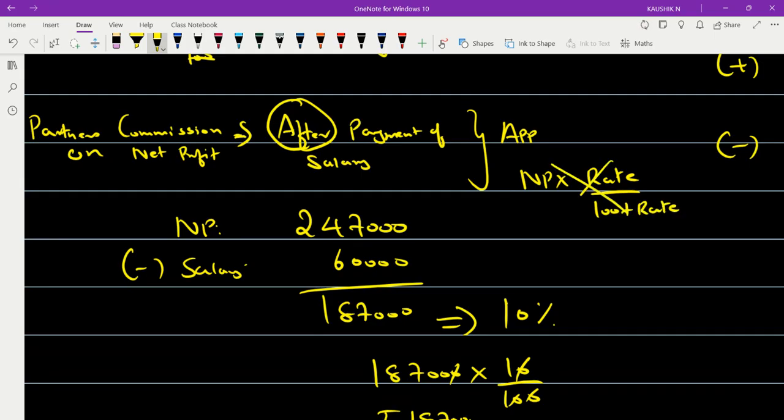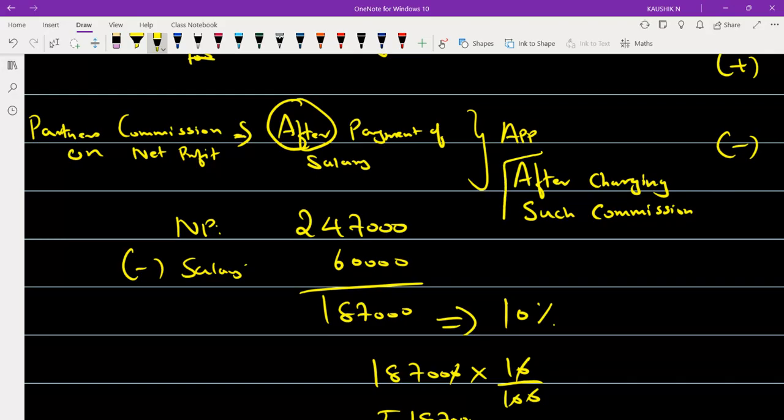Remember, this formula cannot be applied when you have only the word "after". It can be applied only if it says "after charging such commission". If such wording exists, then you can apply that formula: net profit into rate by 100 plus rate, for calculation of your commission.